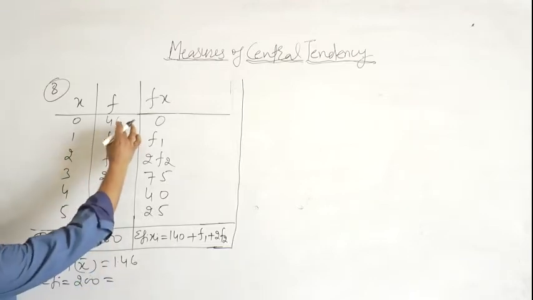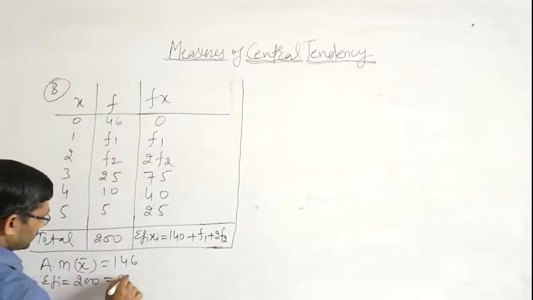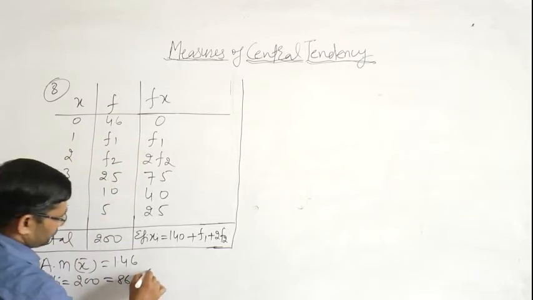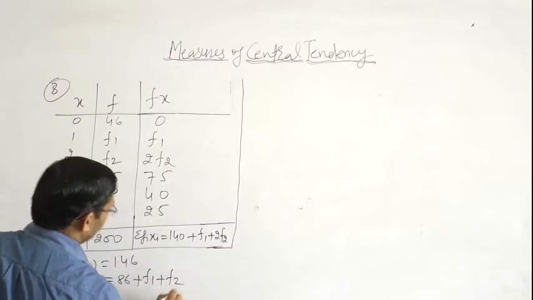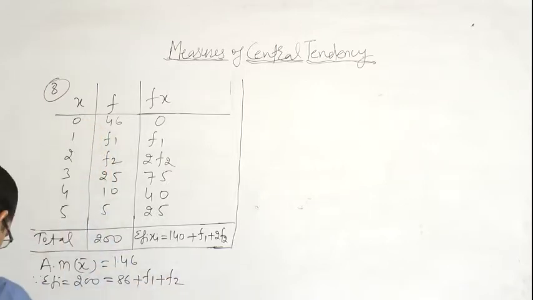Sigma fi is 86 plus f1 plus f2. The frequency of 0 observation is 45. So 200 is equal to 86 plus f1 plus f2.